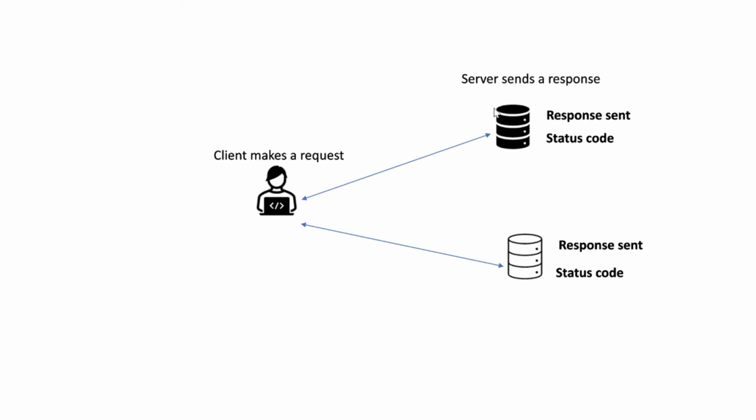But you will not only receive the response, you will also receive a status code. The status code lets you know what happened with your request. It will let you know if there was an issue with your request or if all went okay and you are receiving a response. So it just gives you the status of your request. If you understand this, then we are ready to go through the different status codes.